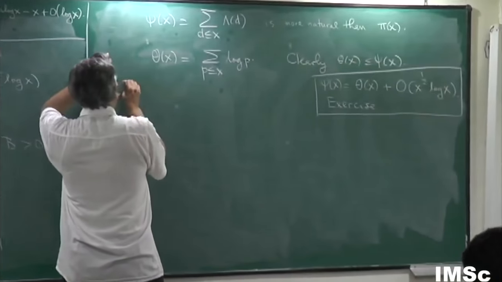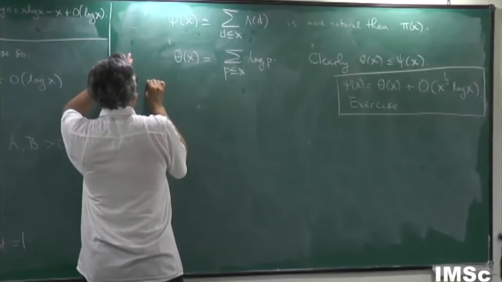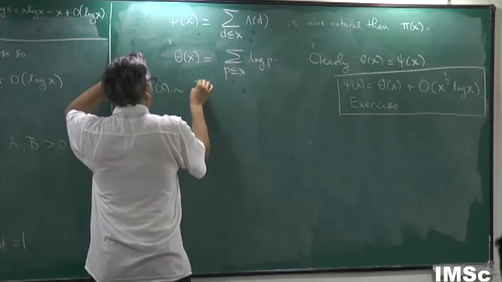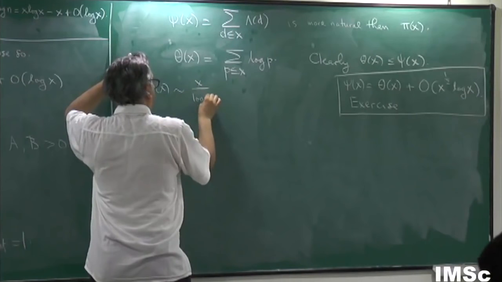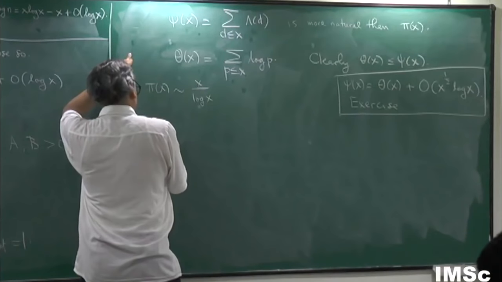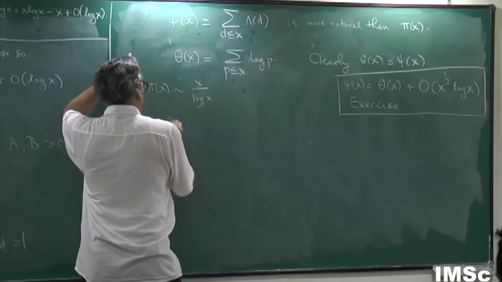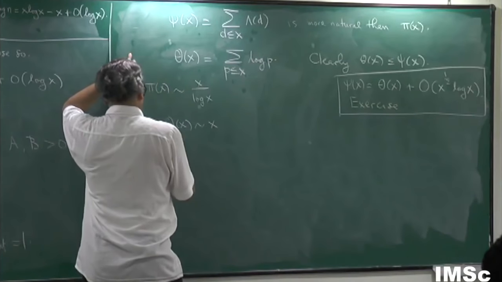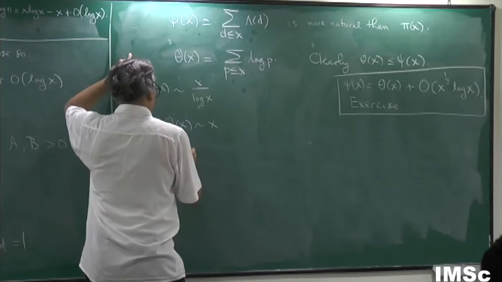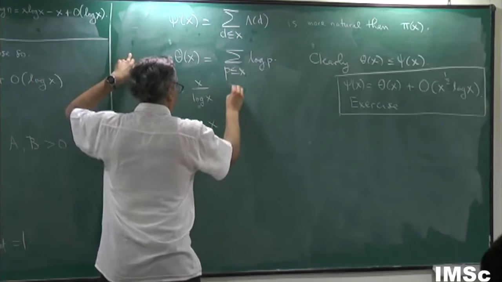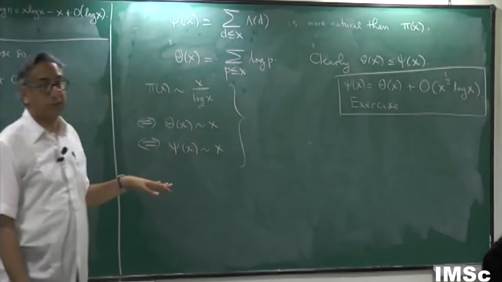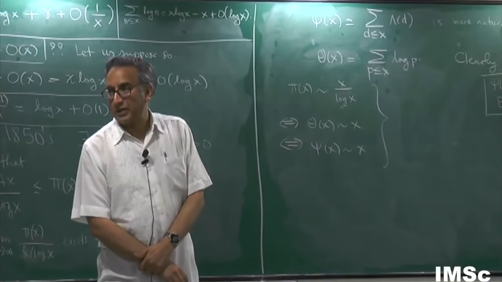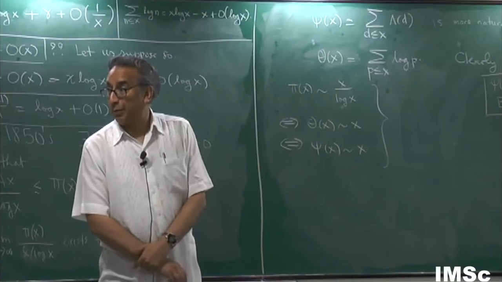So what Chebyshev proved was pi of x being asymptotic to x over log x is completely equivalent to theta of x being asymptotic to x, which is completely equivalent to psi of x being asymptotic to x. And these assertions are all exercises in Abel's lemma. You just have to see how we put it together.